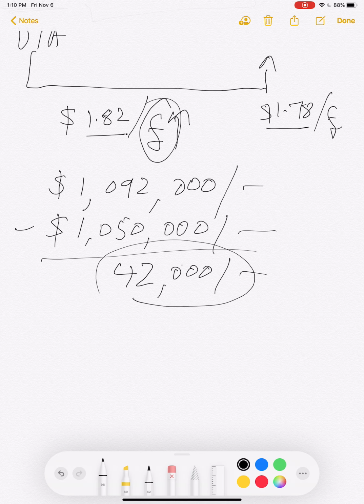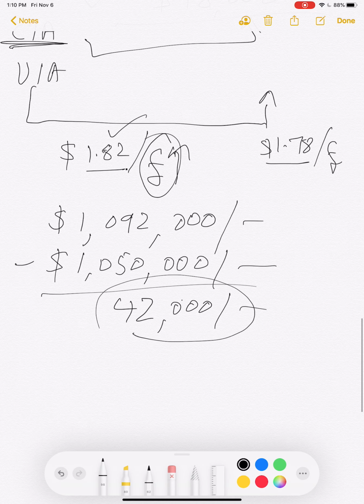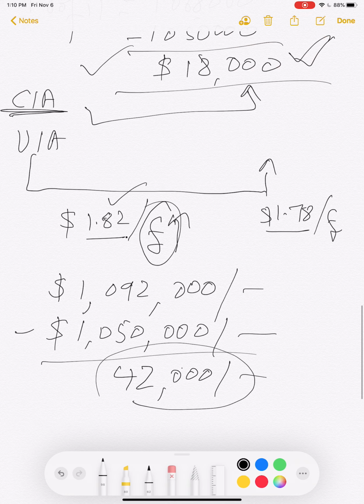Even if this turned out to be the actual spot rate after a year, you only get 18,000 because you locked yourself in. But that was a certain profit. The rest you will not be able to get. So 42,000 minus 18,000, the 24,000, you were not able to get.